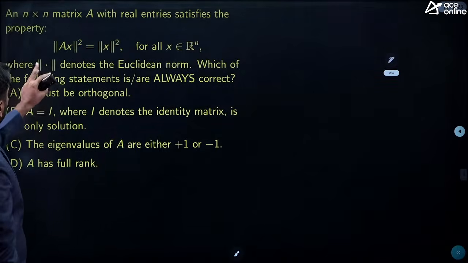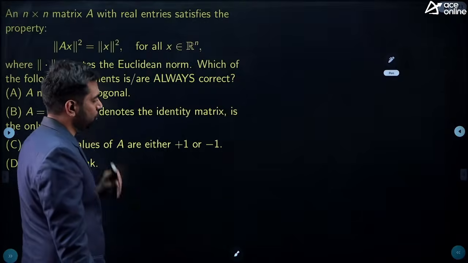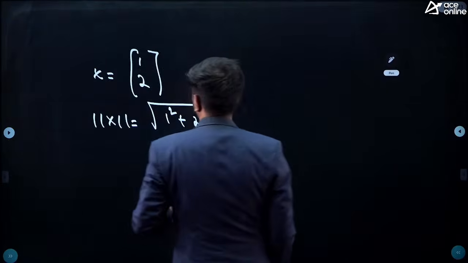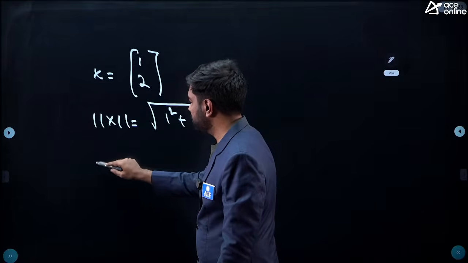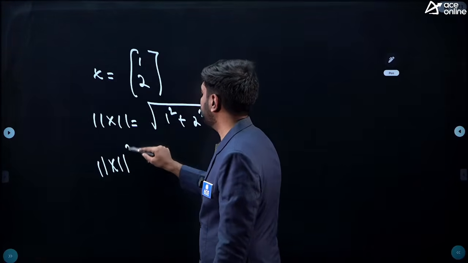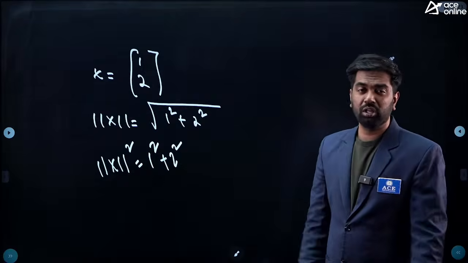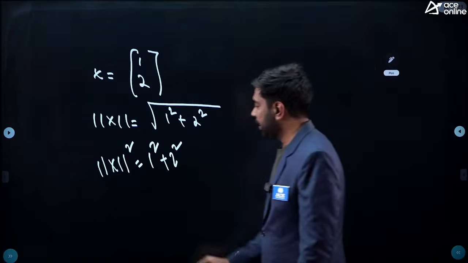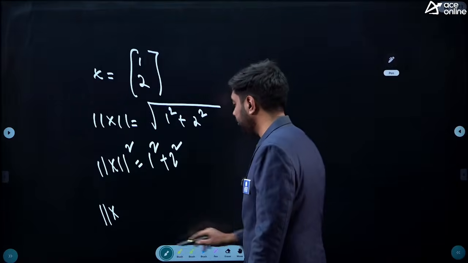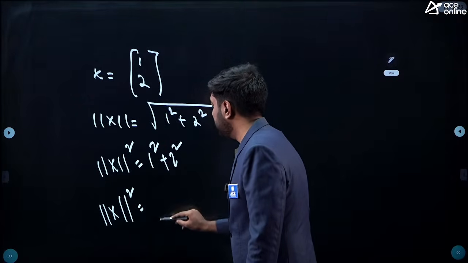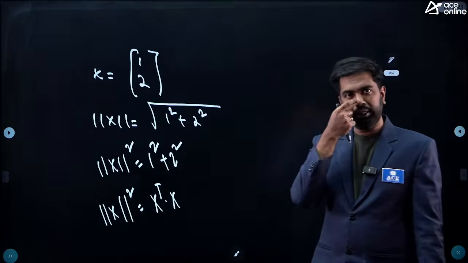Now what they gave is norm of Ax whole square is equal to norm of x square, and there are multiple ways to find this. Suppose I ask you what is the norm of x square, then this is 1 square plus 2 square, since you are squaring, the square root cancels. I can also find the norm of this vector by saying x transpose into x. This is called the dot product basically.